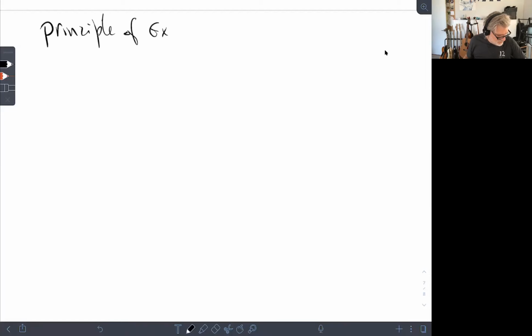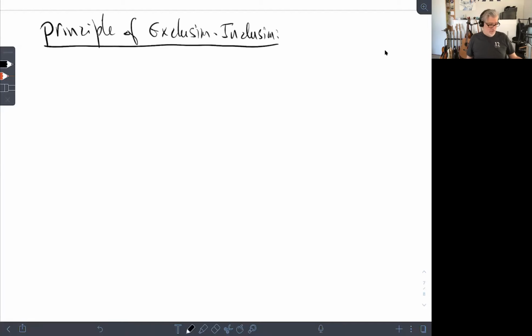It's a very fancy name for just the two-set version. Principle of inclusion-exclusion. I wrote it backwards, oh well. It's the other way around, but who cares?